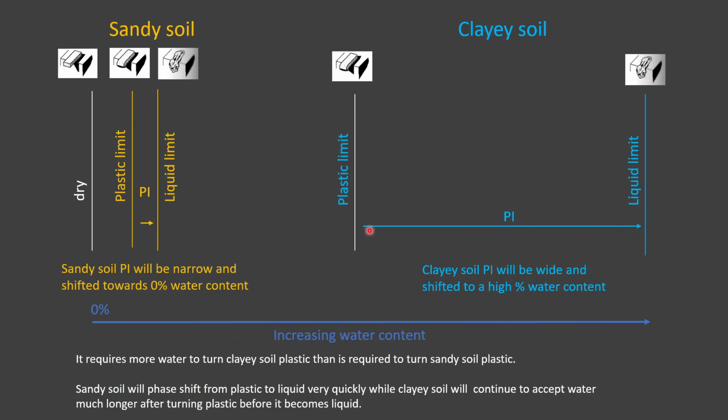And if we look at that same water scale here, where again 0% moisture content is on our left, and we're increasing water content to the right, these are where you would fall along that moisture content scale on two different types of soil. If you have a sandy soil, your plastic limit is going to start really close to 0, because if you remember from the very first lab, the texture test, you did not have to add a whole lot of water to a sandy soil to start making that ribbon, right?